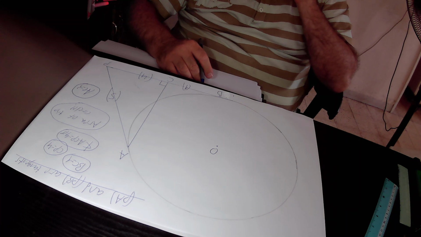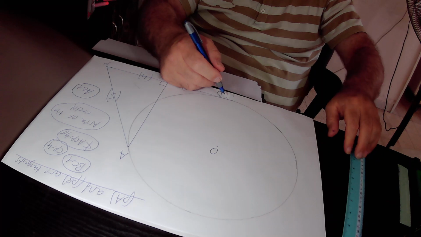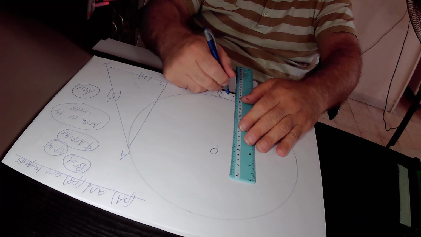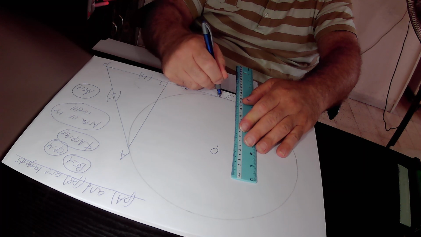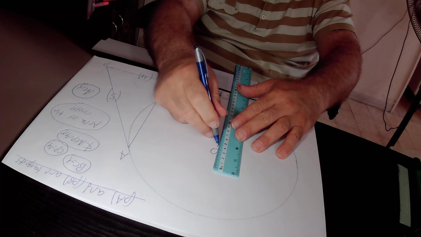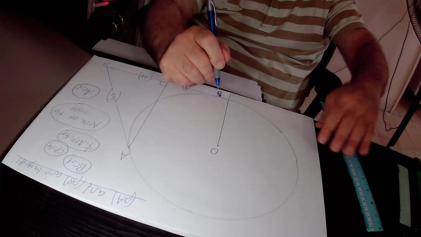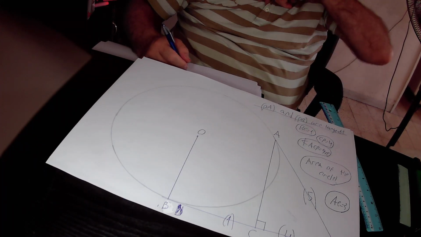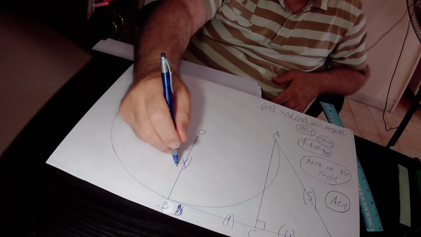So in the next step, we join points O and B together by a straight line. OB is of course the radius of this circle, that is equal to x, according to our definition.